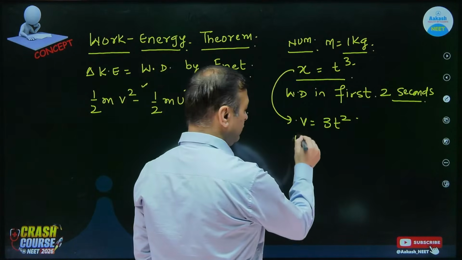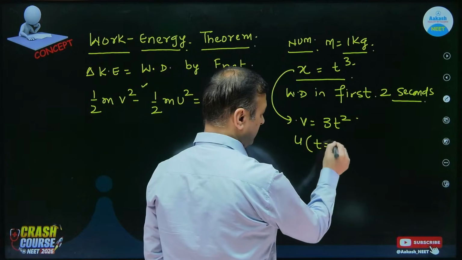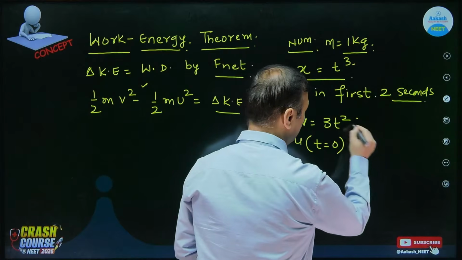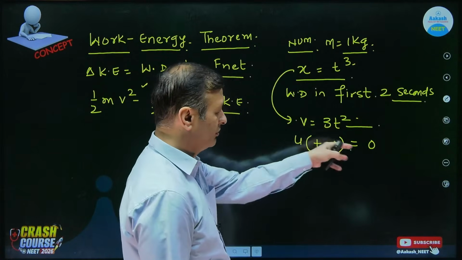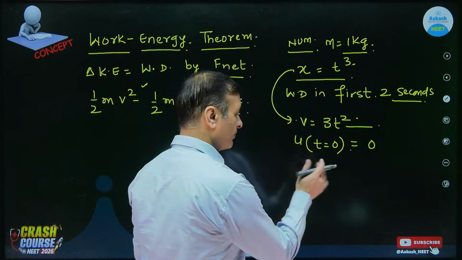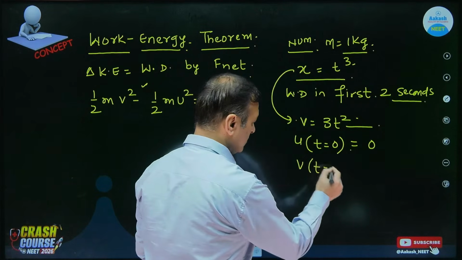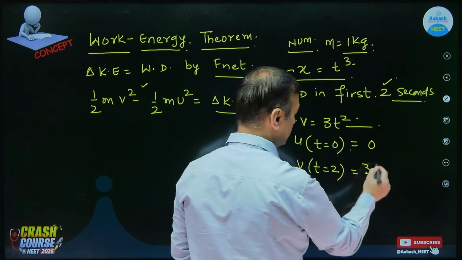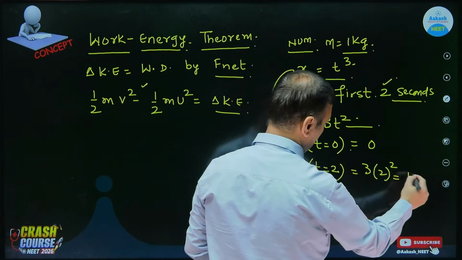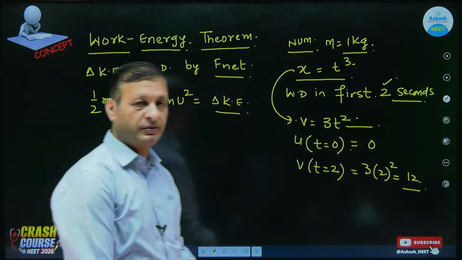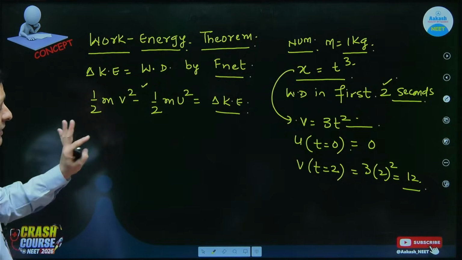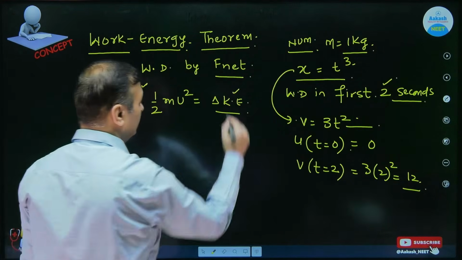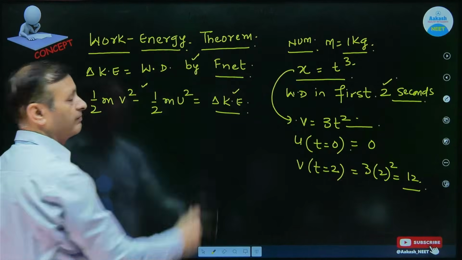Now to find the initial velocity, I have to put t as 0. So putting t as 0 in this expression gives the initial velocity as 0. And what is the final velocity at the end of 2 seconds? That is 12 only. And if I apply the concept of change in kinetic energy, that is basically defining the work done. Got it?